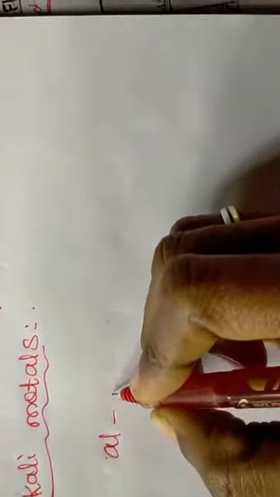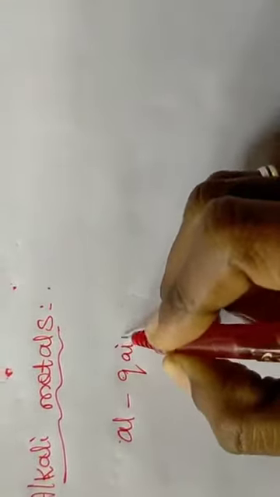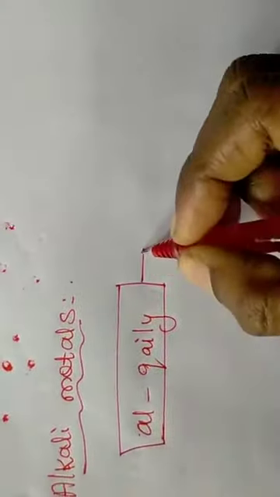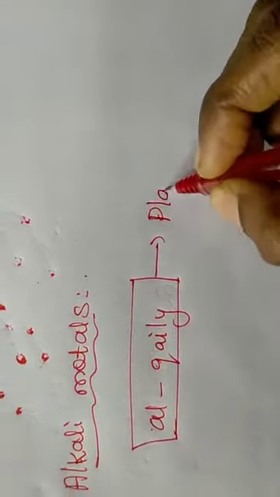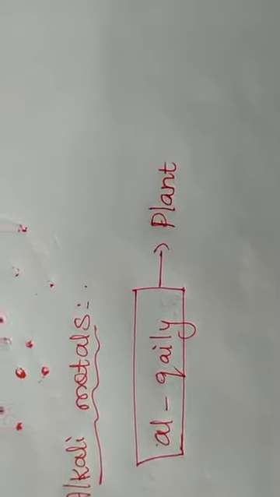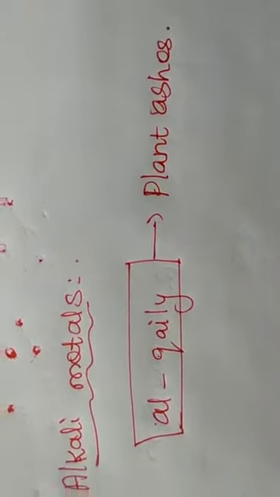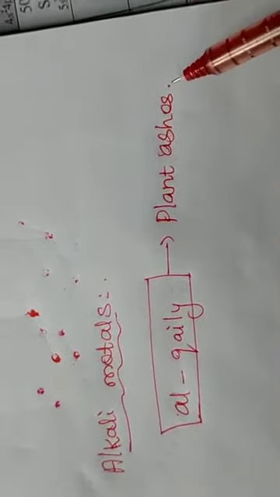The word alkali is derived from the Arabic word alkali. The meaning of alkali is plant ashes.